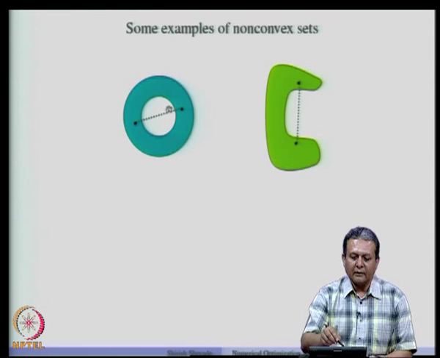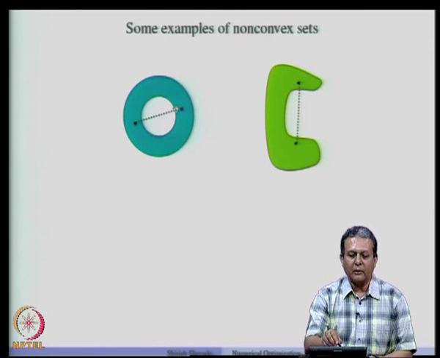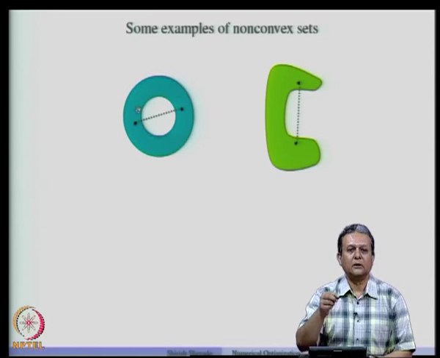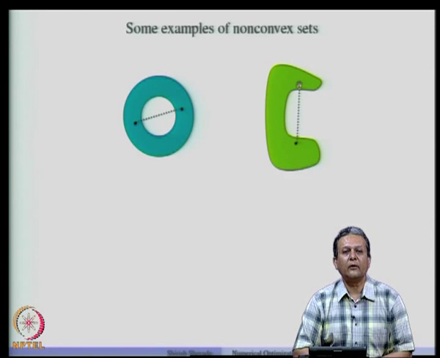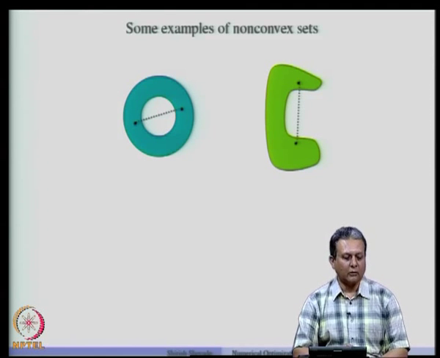So, if we again go by the earlier geometric interpretation, suppose we put a wall around the boundary, then this point will not be able to see this point because of the wall. Similarly, this is not a convex set because the line segment joining these 2 points is not entirely within the set. So, these are some examples of non-convex sets.